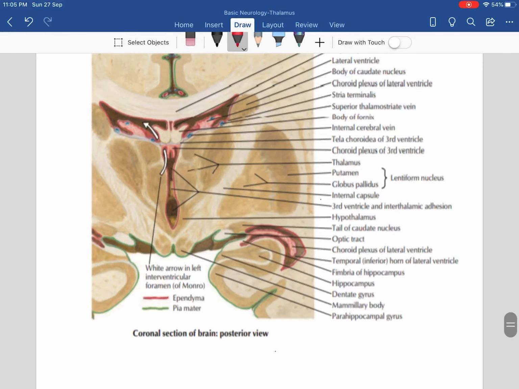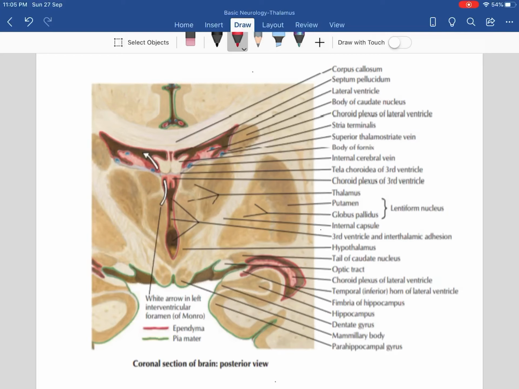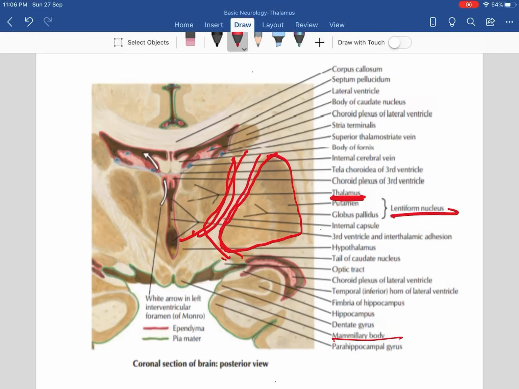Okay, so next is again I have tried to show you all the views so you can understand the relations better. Okay, again so thalamus, where it is, this is thalamus. Okay, ये उसके बाद this is internal capsule as we know laterally. उसके बाद lentiform nucleus आ जाता है, putamen and globus pallidus. They have zoomed it, that's why they are appearing very enlarged. उसके बाद अगर हम पीछे देखेंगे तो पीछे हमें mammillary body दिख रही है यहाँ पे.